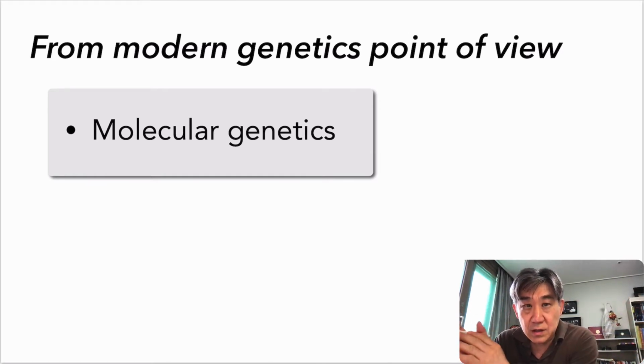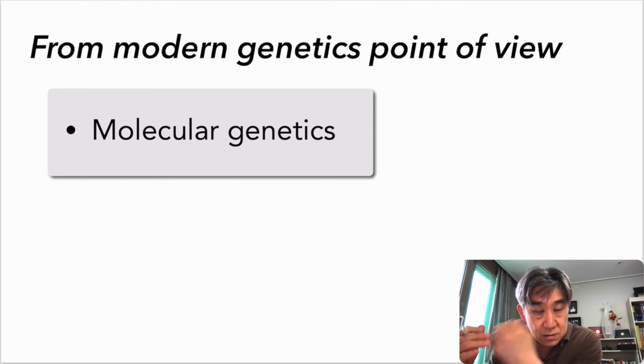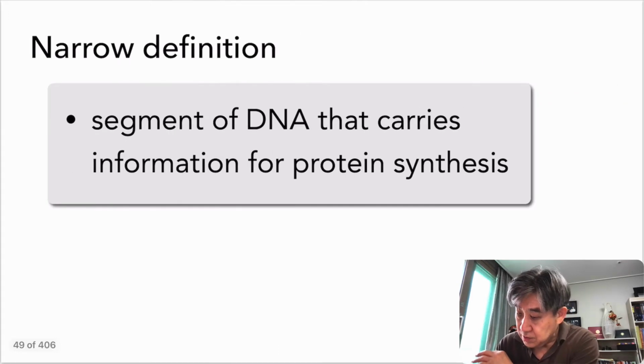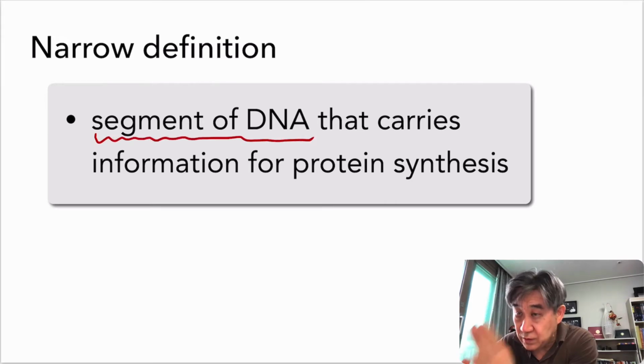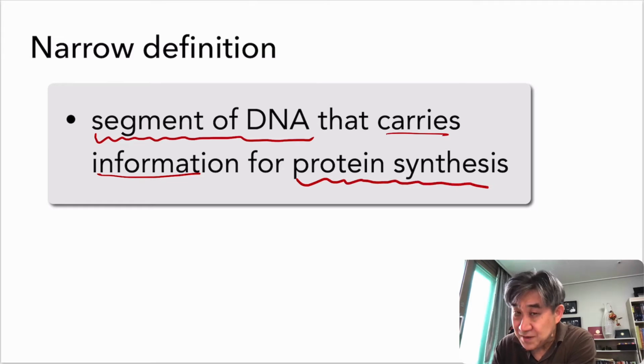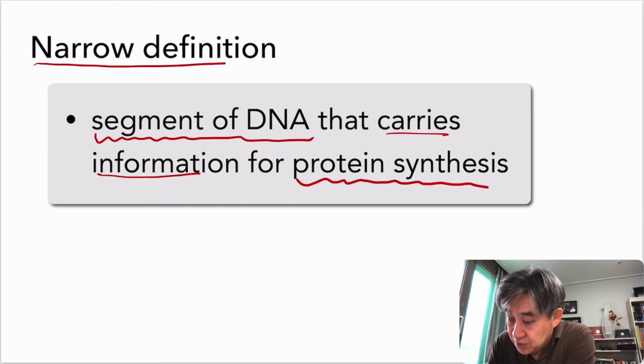But in reality, it turns out that genes are actually some area of the DNA, a segment of DNA. Not all, but only some portion of the DNA that carries the information for protein synthesis. But that has been the earlier but narrow definition of the genes.